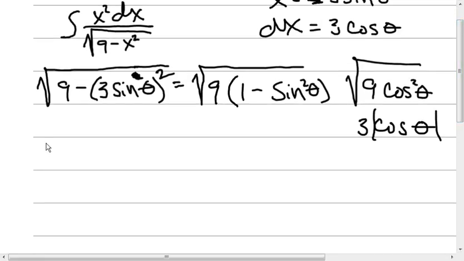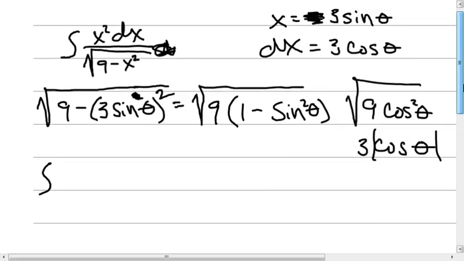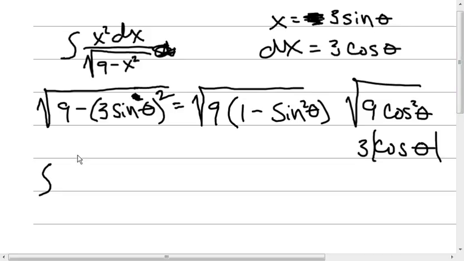Let's go back and take a look at this. Don't need 2 dx's, Cliff. And it now becomes x squared. But wait, now we don't want x squared here. We want 3 sine theta. So we get 3 sine theta squared. dx is 3 cosine theta.